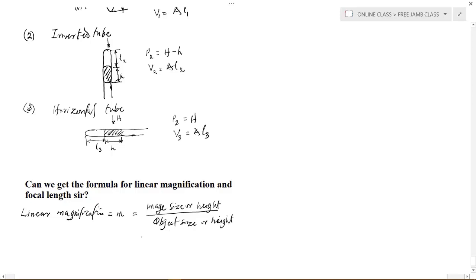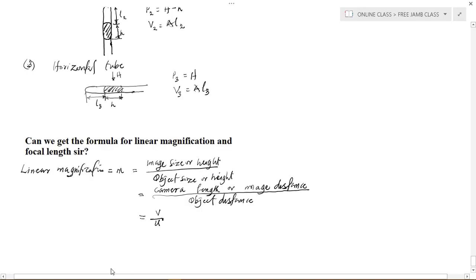In another place, we say it is the camera length or image distance, that's when we use film camera, all over the object distance. And the image distance is V, over U.